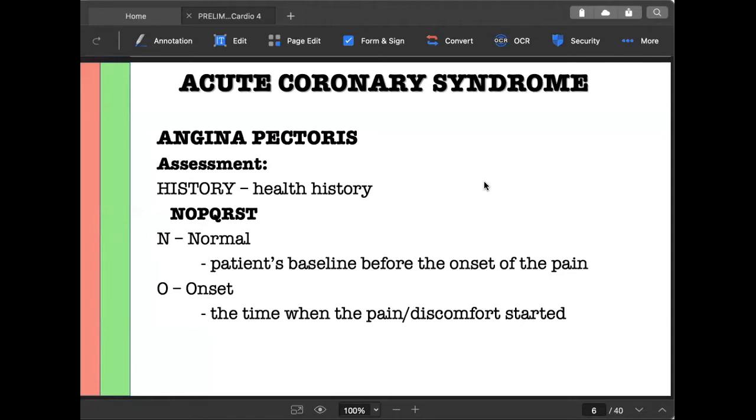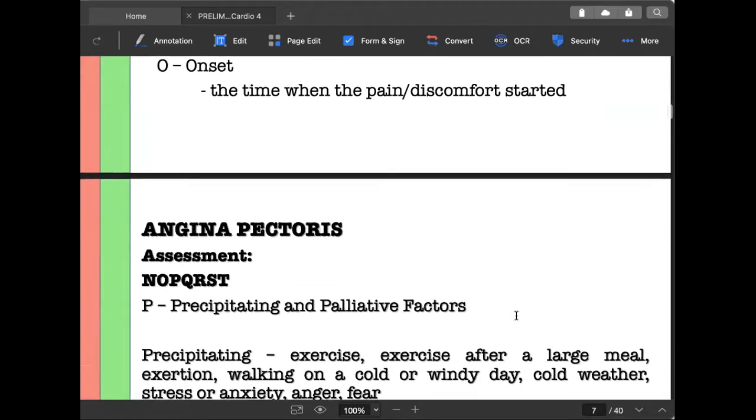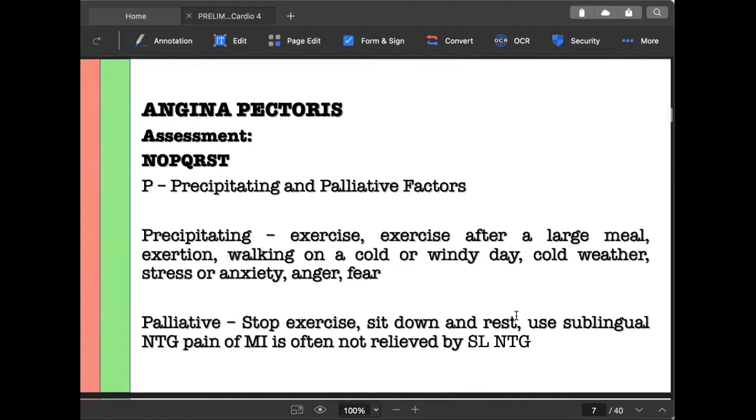Now, the onset is the time when the pain or discomfort started. Okay, so you should be noting those important data. Now, in terms of precipitating and palliative factors, precipitating are the things or activities that actually led to experiencing angina.